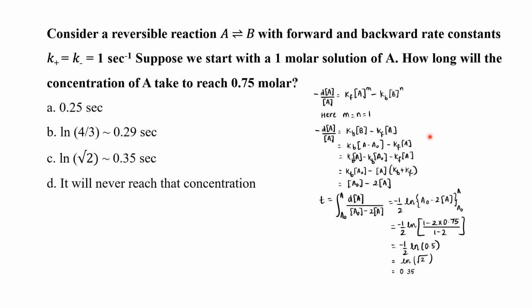On solving this, we get minus dA by dt is equal to A naught minus 2A. To find the time, we integrate dA by A naught minus 2A from A naught to A. On solving this, we get minus half ln of A naught minus 2A from A naught to A. Substituting the values, we get the time is equal to minus half ln 0.5, which is approximately equal to 0.35 because it is natural log of root 2.